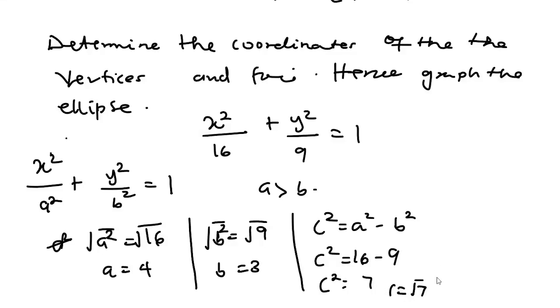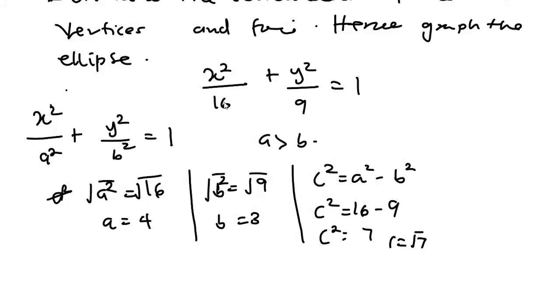Now we said that if it is a horizontal ellipse, and you can see clearly that this is a horizontal ellipse, our vertices will be plus or minus A, 0.